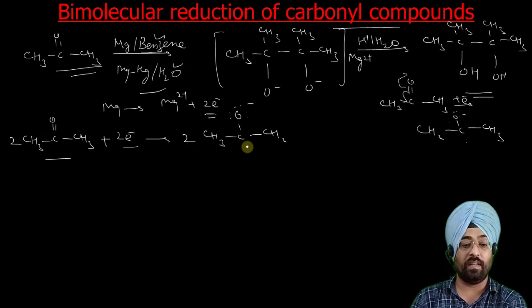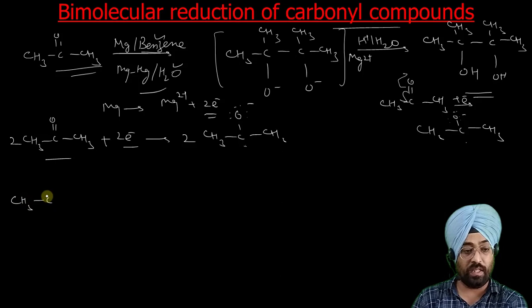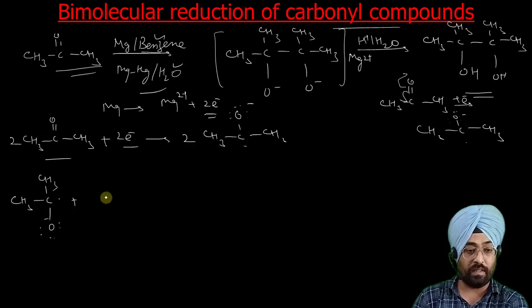Two radical anions are obtained, and they combine with one another. We have the radical of these two molecules, CH3C(CH3)O negative radical plus another radical CH3C(CH3)O negative.